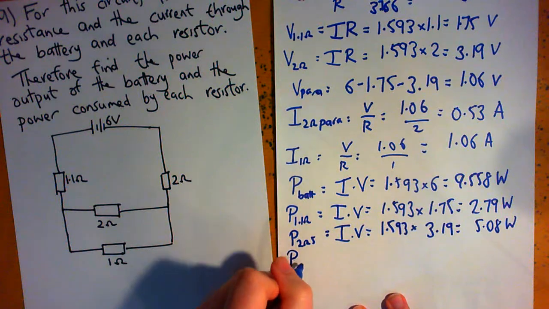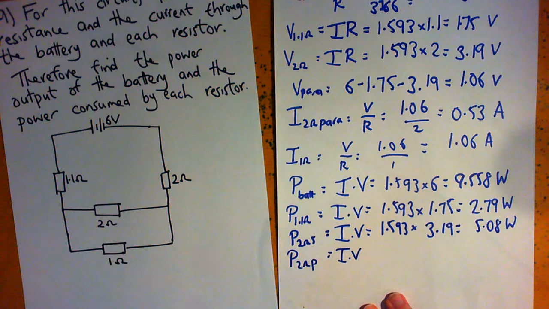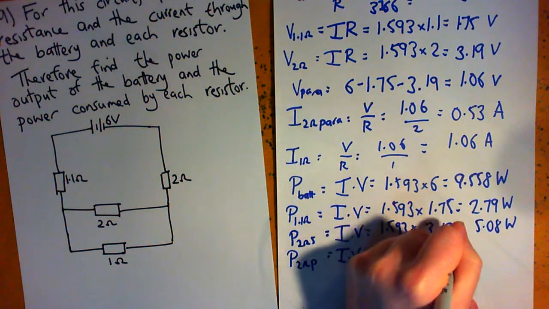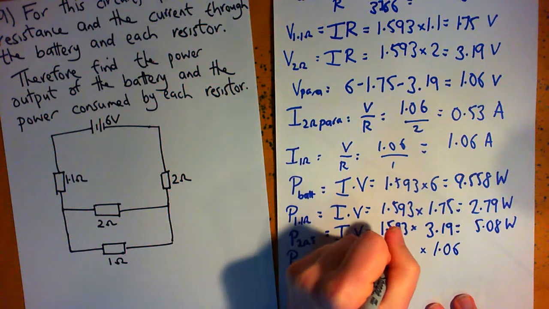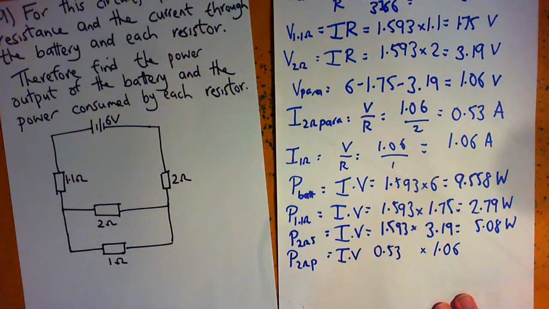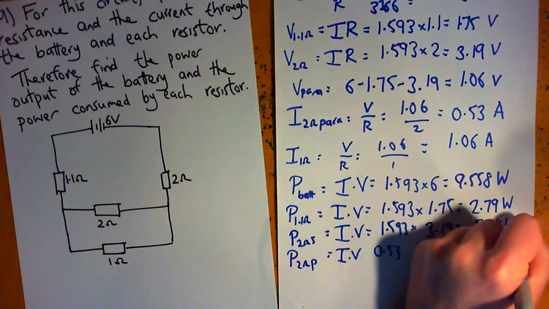Now let's work out the 2 ohm parallel resistor, which is I times V. The voltage is 1.06 volts because we're looking at one of the parallel resistors, and the current across the 2 ohm resistor we found to be 0.53, so 0.53 times 1.06 gives us 0.56 watts.